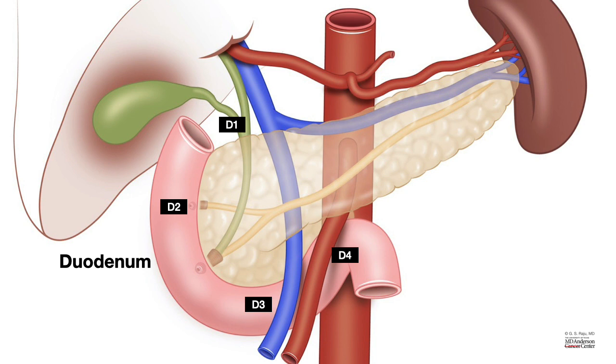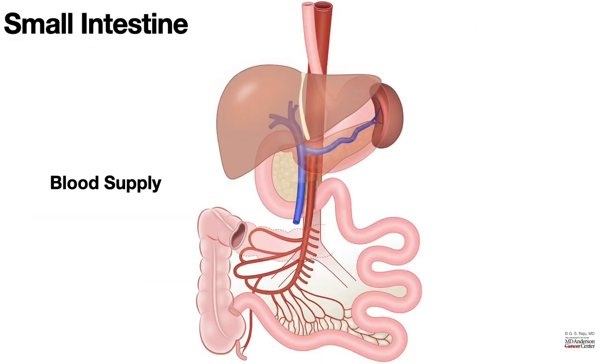So now let us look at the blood supply of the small intestine. Almost the entire small intestine is supplied by the superior mesenteric artery, which gives branches to the jejunum, called jejunal branches, and to the ileum, the ileal branches.